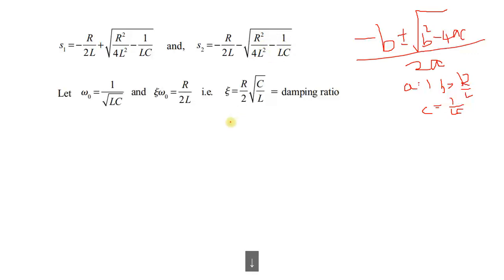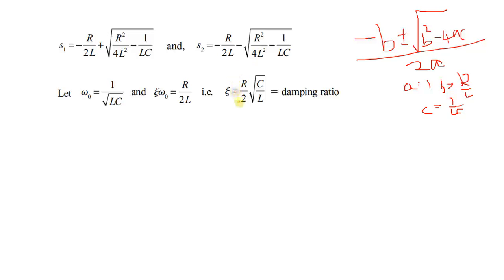Now I take omega naught, the resonant frequency, omega naught equal to 1 divided by square root of LC, and zeta omega naught is taken as R divided by 2L, and zeta is taken as R by 2 into square root of C by L. Here zeta is my damping ratio.